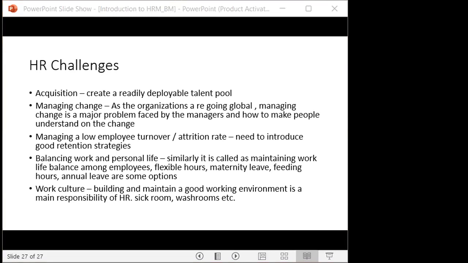Somebody will like that work culture and somebody may not. Therefore, HR people need to have a balanced working culture in an organization in order to maintain harmony and keep the employees happy. It's really a challenge, right?